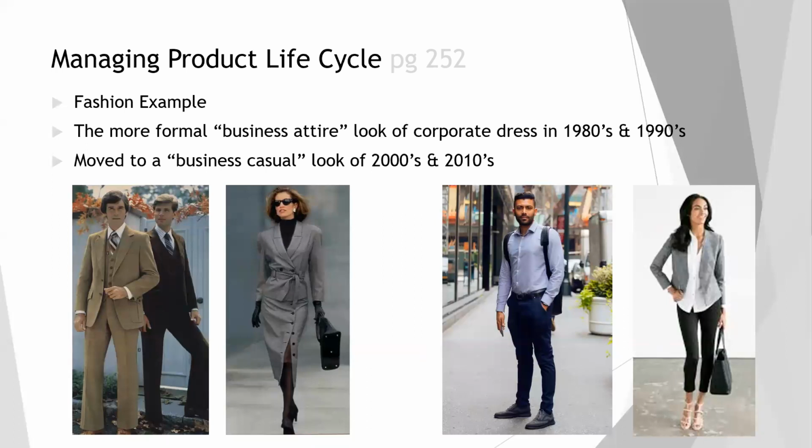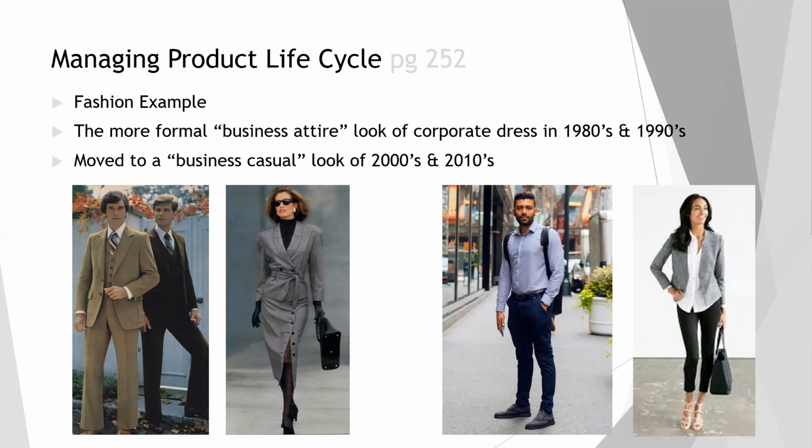A fashion example. If you ended up getting a job after college where you were going to work at a Fortune 500 company, in a big city like New York or Chicago, you would probably have to wear a suit to work. You would have more formal business attire for your corporate dress if you were working in the 1970s, 80s, and 90s.